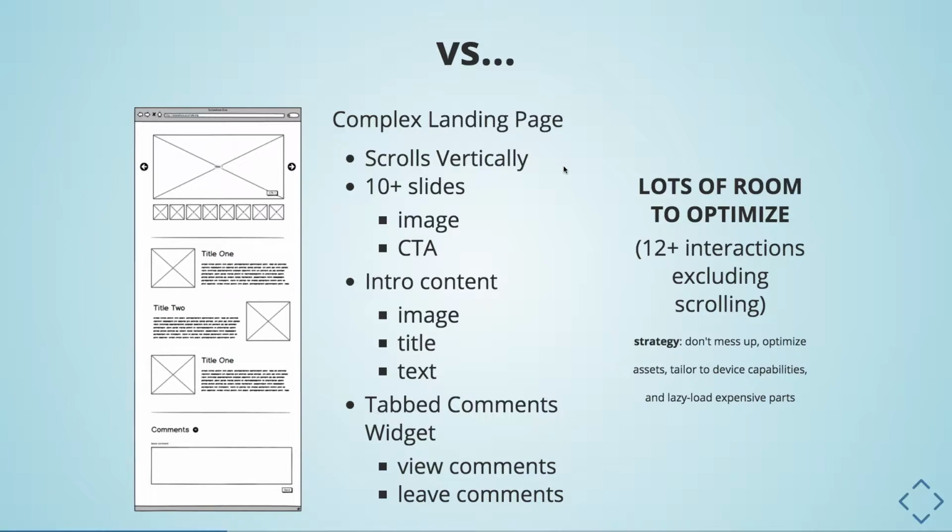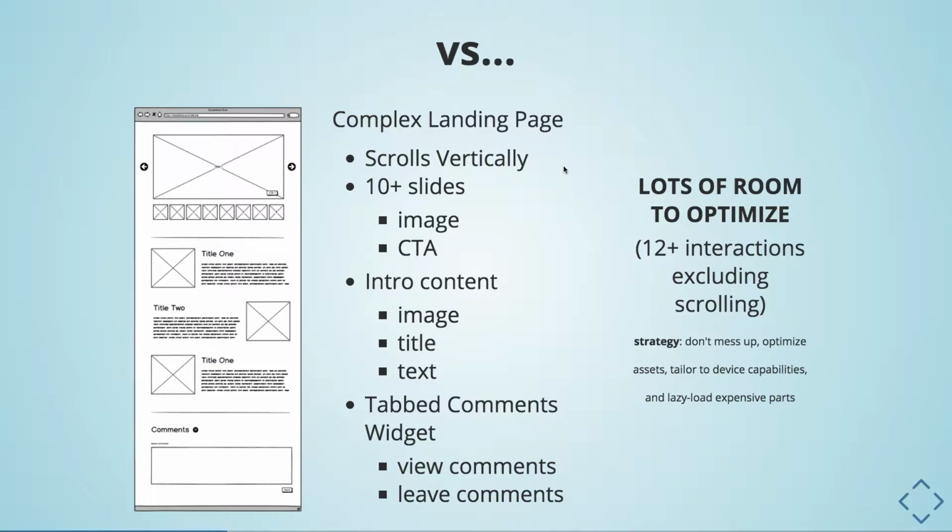But then we look maybe at a view that looks like this, right? It's like a complex landing page. And along the top, we have 10 slides. Each slide has an image and maybe some call to action. And as we scroll down, we can scroll vertically, right? More content's appearing and we get more images. And at the bottom, maybe we have a third-party commenting system, like Disqus or something.